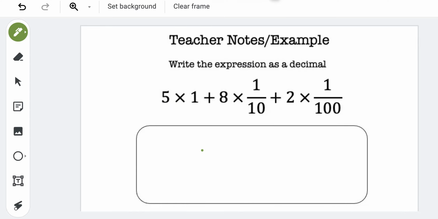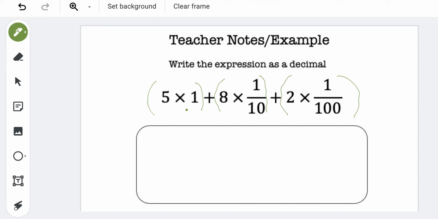All right, now this one looks a little bit different, but is it going to be done the same way? Here we have 5 times 1 plus 8 times a tenth plus 2 times a hundredth. So again, let's break this into parts like this.